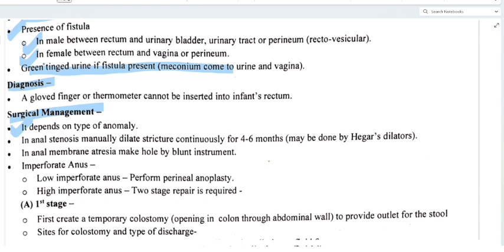In the OBG instrument part, we will be discussing Hager's dilator. So here also we are using Hager's dilator. In anal membrane atresia, make a hole by blunt instrument. In case of anal stenosis, we use Hager's dilator and continuously dilate the stricture manually for 4 to 6 months. But if anal membrane atresia is there, then we have to make a hole by blunt instrument.